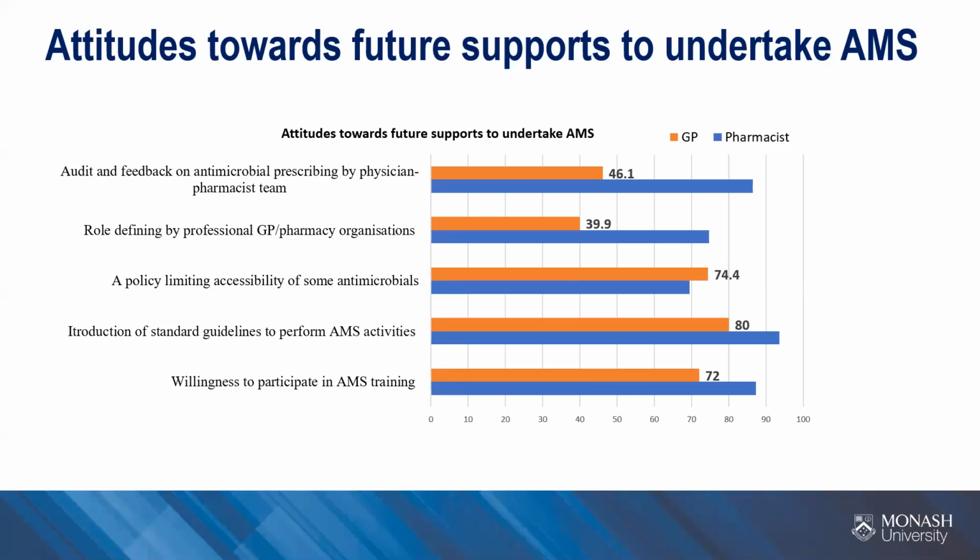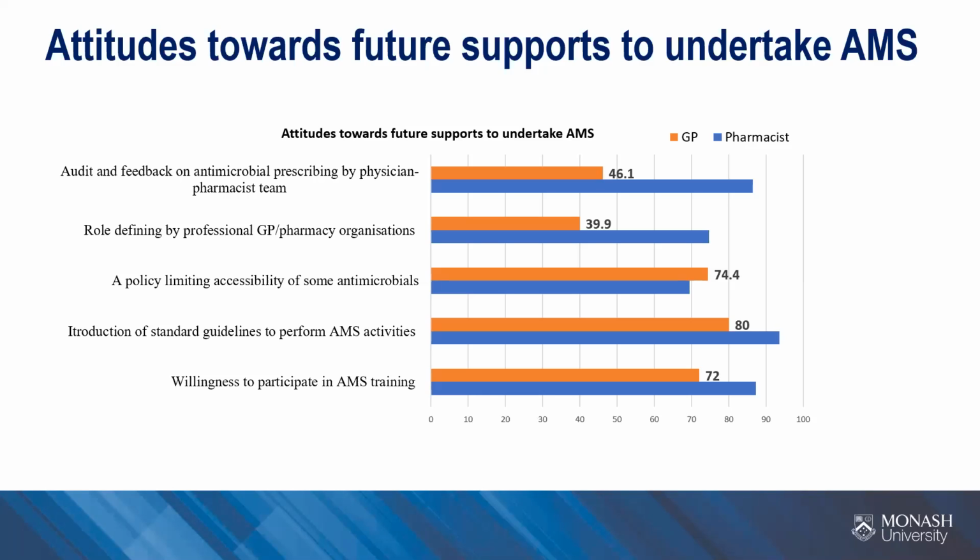The respondents supported that specialist pharmacists should provide individualized prescribing advice and feedback to GPs where possible. And regarding restrictive policies, the pharmacists strongly supported limiting the accessibility of selective antimicrobials and repeat dispensing of antimicrobial prescriptions in the community.